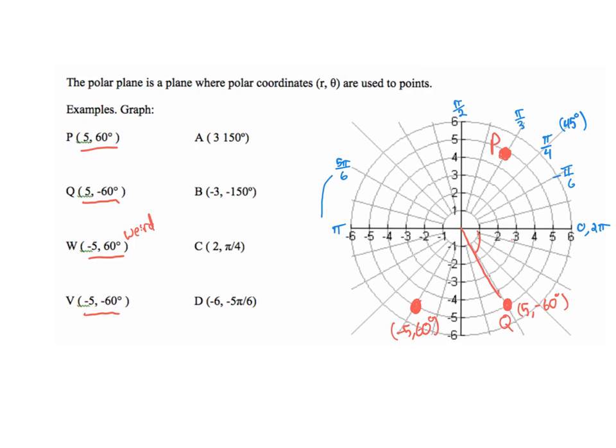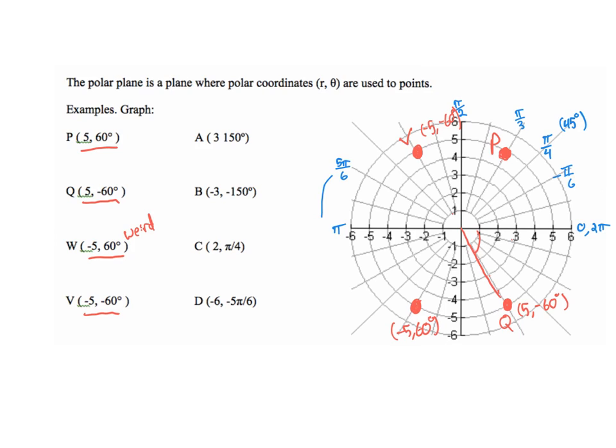And then instead of going forward along -60 degrees, I want to go backwards. So there is 1, 2, 3, 4, 5. Okay, so this would be my point V: -5, -60 degrees. So negative radiuses are opposite the angle that you initially find.